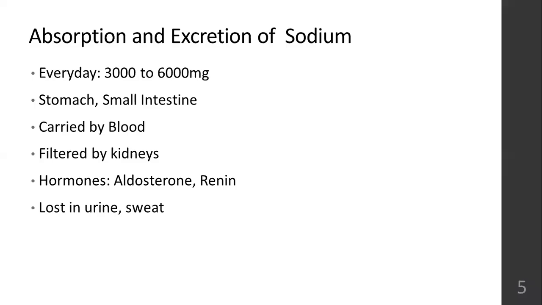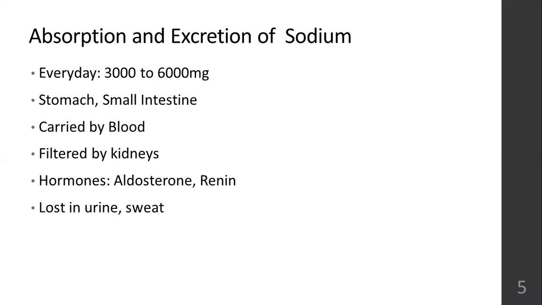Hormones like aldosterone and renin are also supposed to control the sodium levels in your body. Aldosterone is a hormone secreted by your adrenal gland. The adrenal gland is situated just above the kidney. It increases the resorption of sodium.